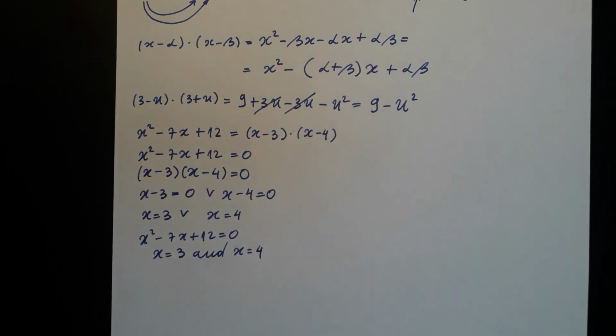The answers are whichever numbers make the expression 0. In this case, those are numbers 3 and 4. So this is the method of factoring for solving quadratic equations. The method of factoring is to try to take the quadratic and write it as a product. So let's now try using this factoring to solve the next problem.